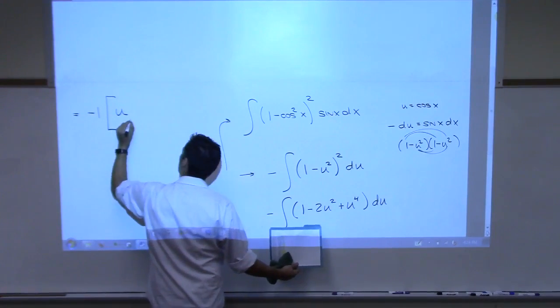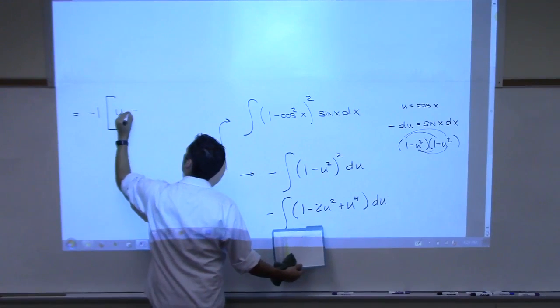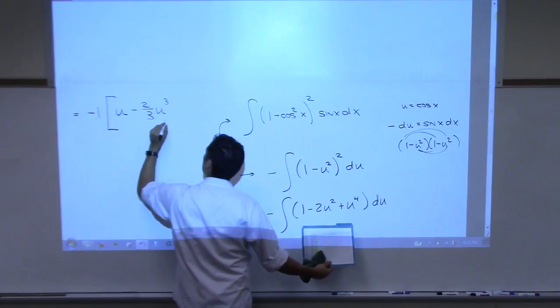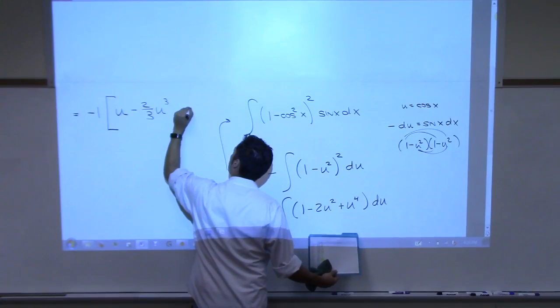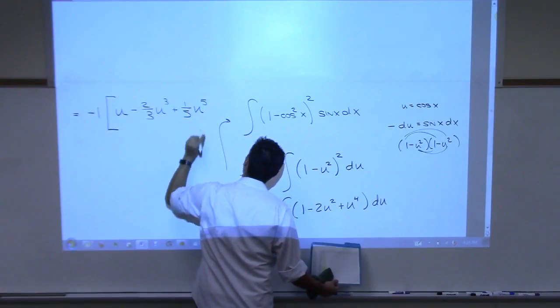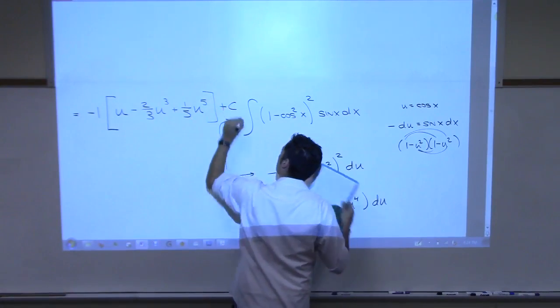Then the antiderivative of 2u squared is 2 divided by 3 u cubed. Okay, good. And then the next one would be u to the fifth, 1 over 5 out front. That's it, right? Done. Plus C. Everyone agree?